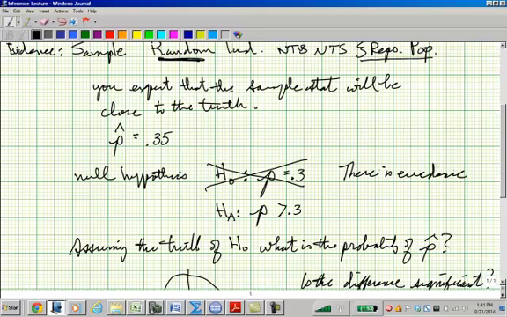We're not going to make any statement beyond that the true proportion of patients cured by the drug is greater than 0.3. That's all we're going to say. But that's the conclusion of the inference.